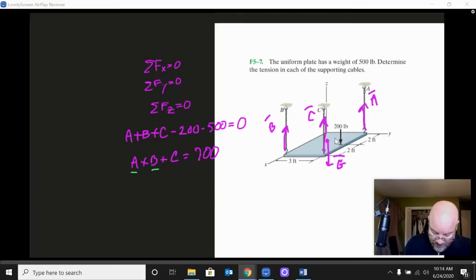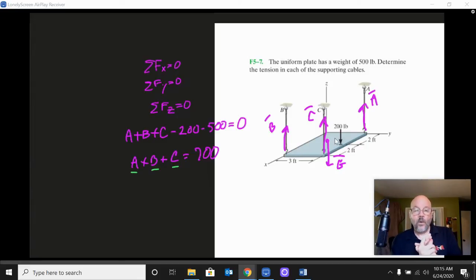Now, 1, 2, 3, I got 3 unknowns. So that means I'm going to need at least 2 other completely different relationships in order to solve for my variables A, B, and C. What we did last time in the previous section was we looked at the forces in the X direction, forces in the Y direction, and then we went straight to moments.